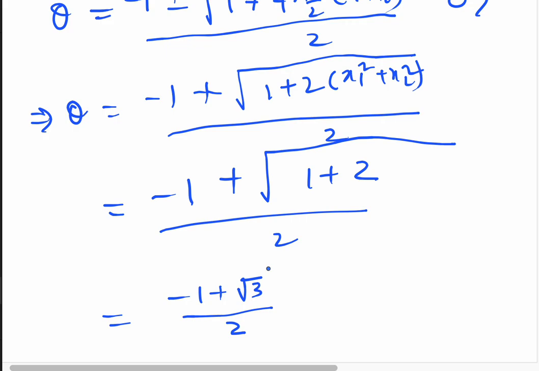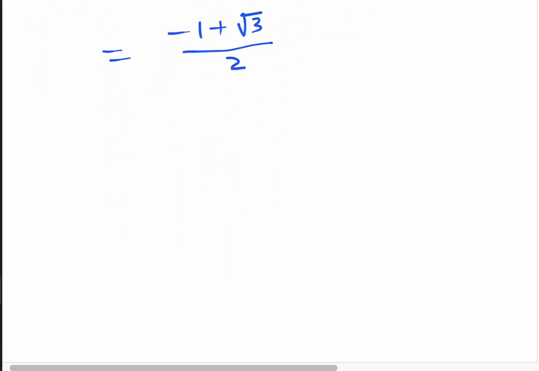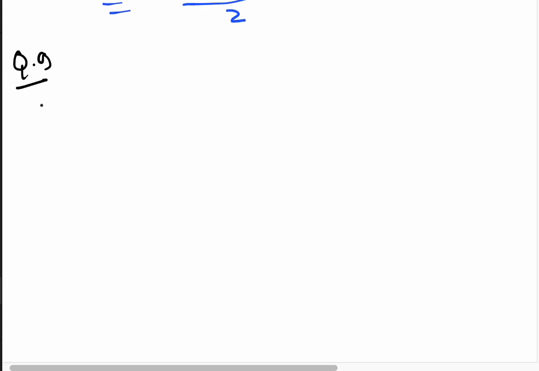Now let's go towards question number 9. Question 9 is: suppose that y i equals alpha plus beta xi plus epsilon i, then we want to fit a linear model.